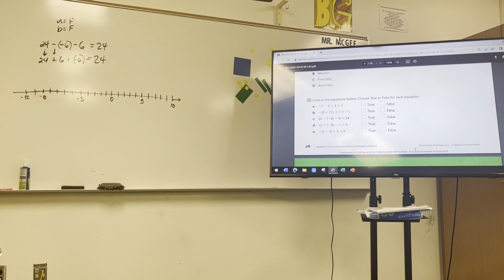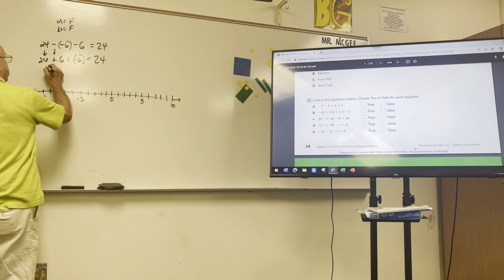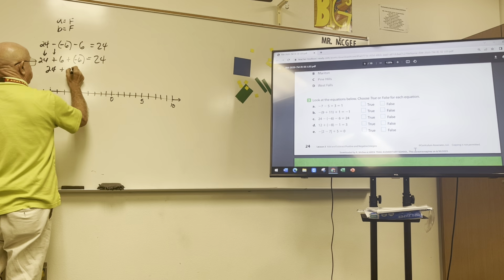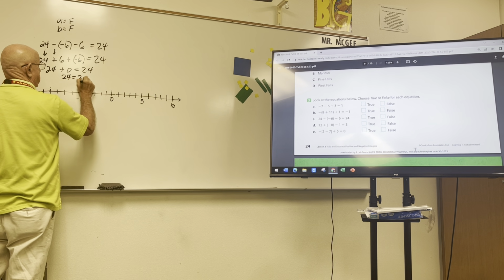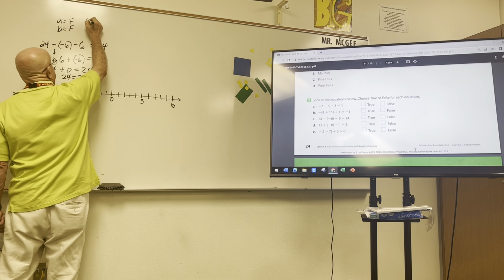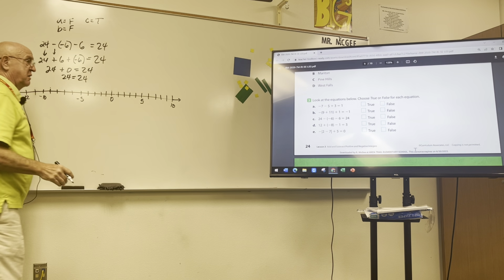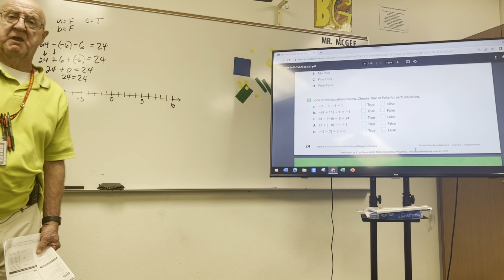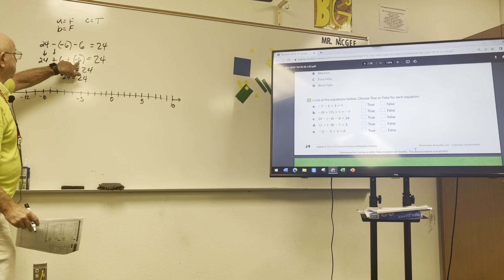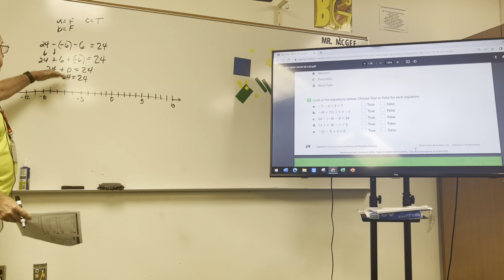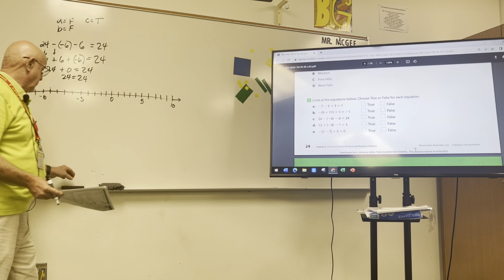Those are opposites, which means there's going to be 0. So we have 24 plus 0 equals 24, or 24 equals 24, which means that C is true. Everybody follow how to do that? Right? C is going to be true because we have these two opposites, and they make 0, and 24 plus 0 is 24. All right.